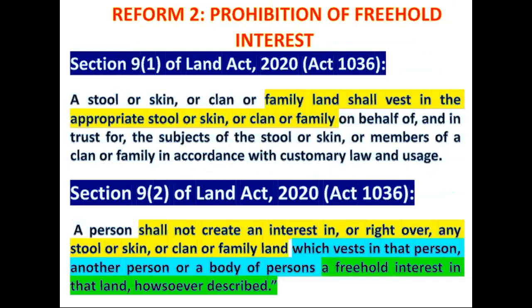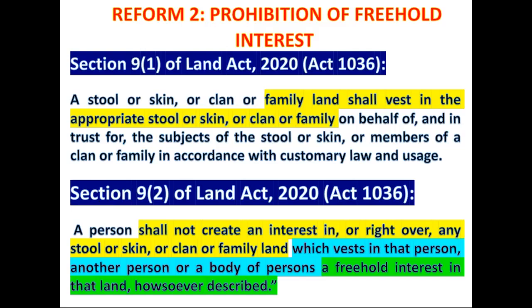But there's a reform now under the Land Act of 2020, Act 1036. When you look at Section 9, Subsection 1 of the Land Act of 2020, it has brought about an interesting innovation.